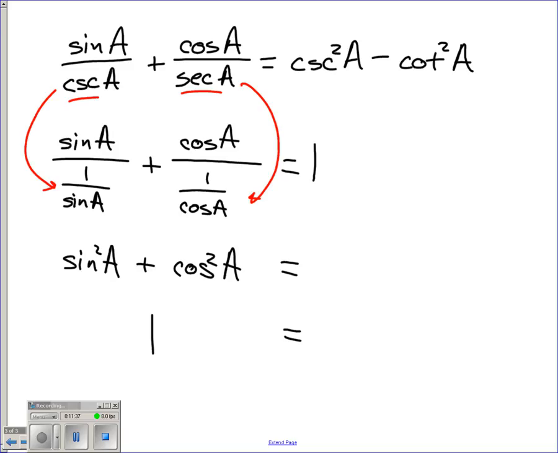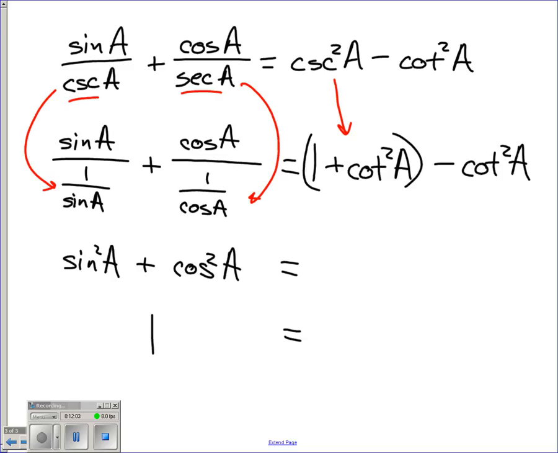From one of our 3 Pythagorean trig identities, this is going to be 1 plus cotangent squared of A. That comes directly from this. All right, there were 3 Pythagorean trig identities. This is one of them. Minus cotangent squared of A.